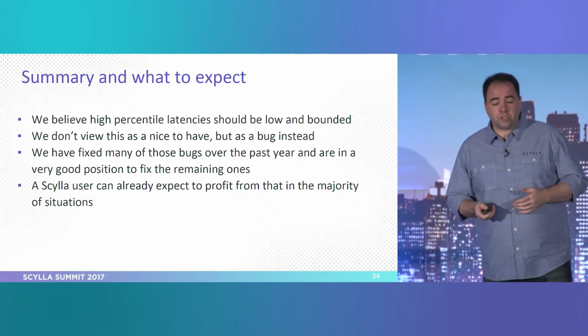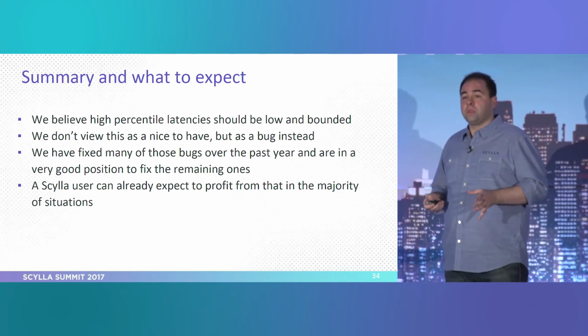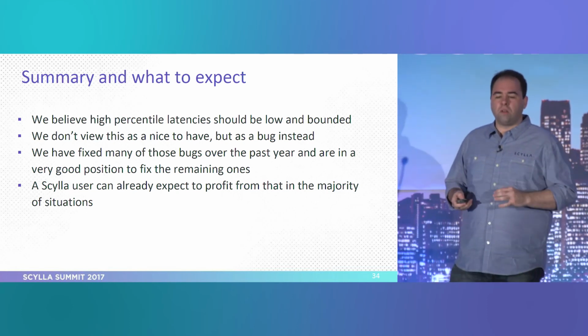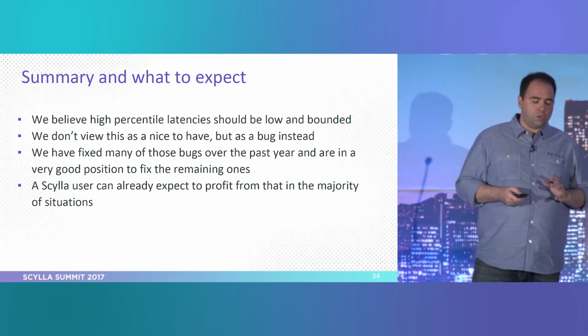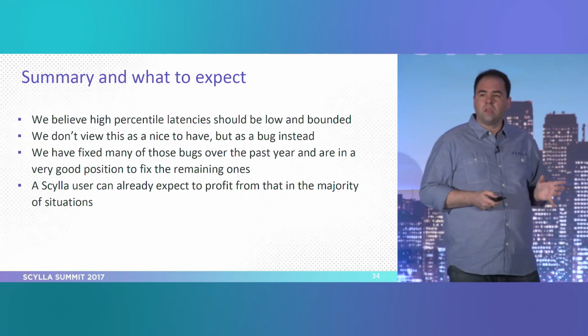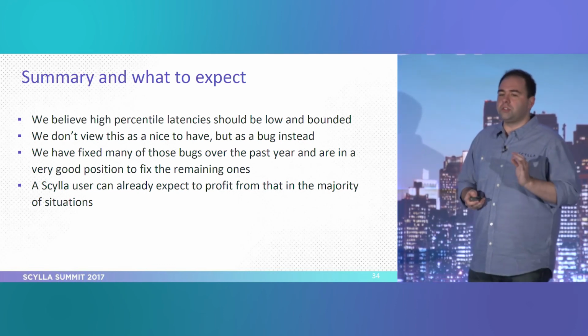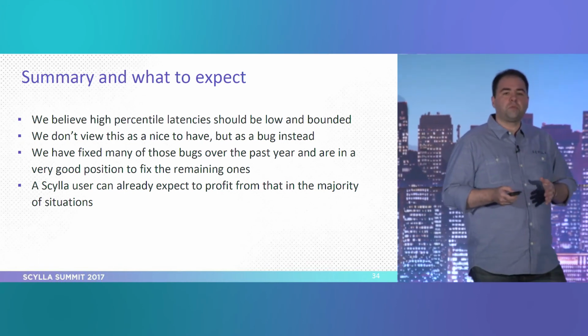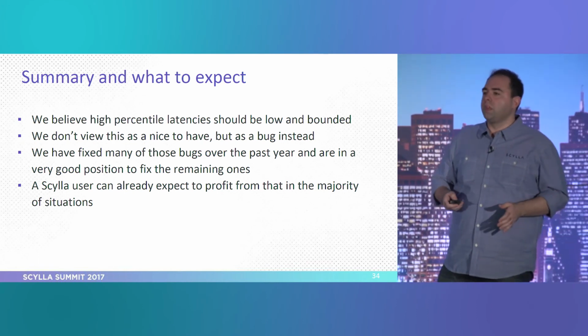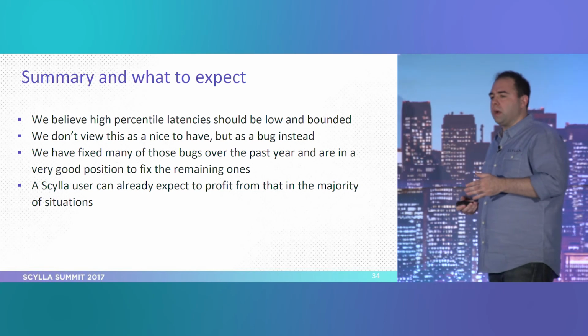Summary of today's talk. At Scylla, we believe that high percentile latencies should be low and should be bounded. We do not believe this is a nice to have, and failure to do so is considered by us to be a bug. So far, especially in the past year, we have fixed a lot of those bugs.